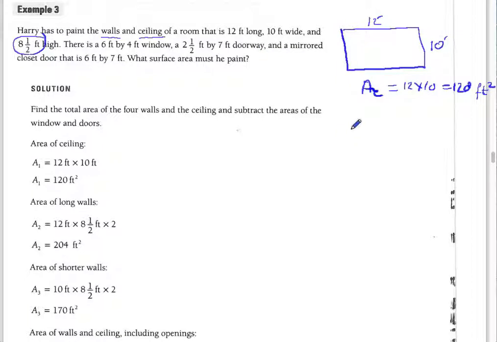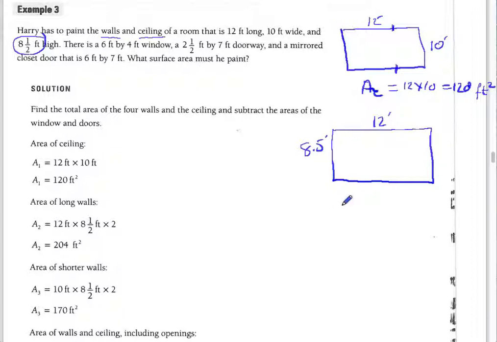So we have walls that are 8.5 feet high, and one wall will be 12 in length. So that's this one right here, and also this one right here. So those two, that'll be 12 feet.